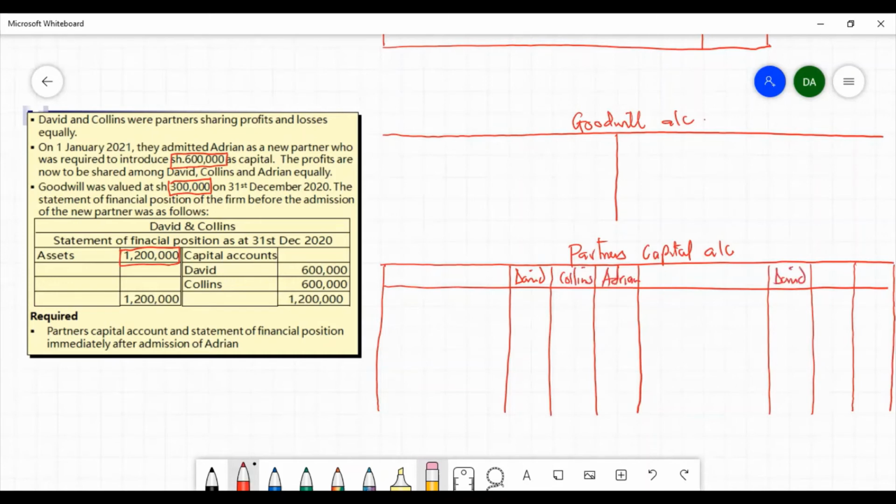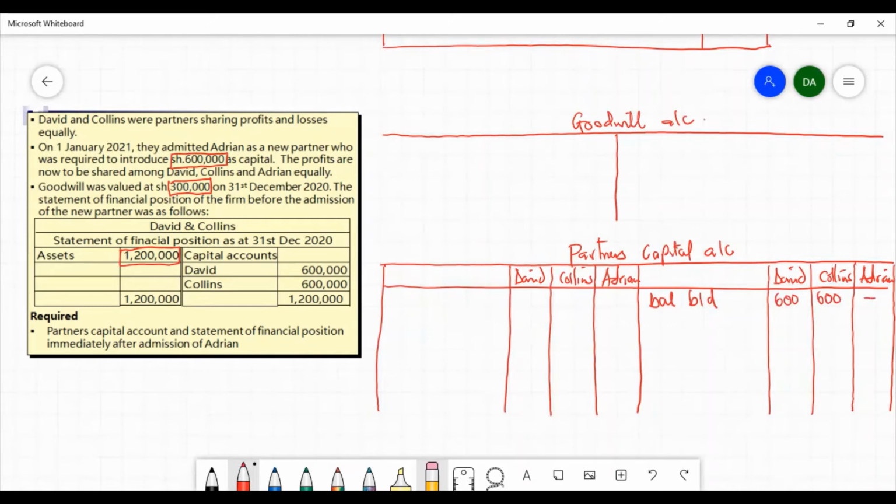David, Collins, Adrian. Right. Start by recording the opening balances, which are the balances brought down. 600,000 for David, 600,000 for Collins, and none for Adrian.